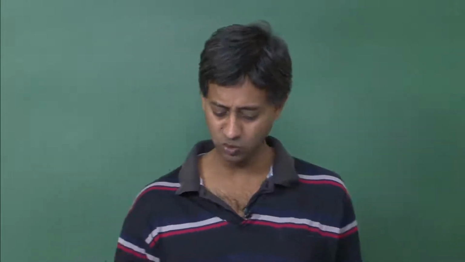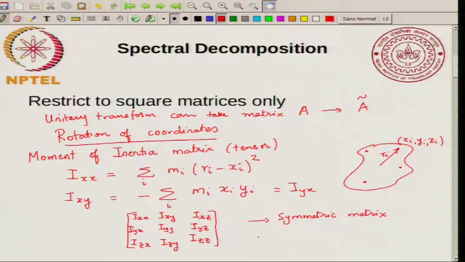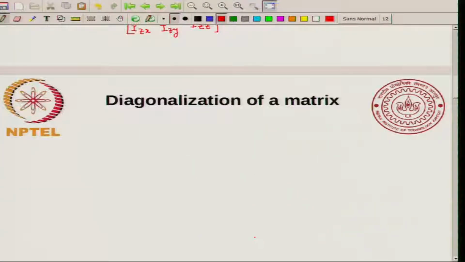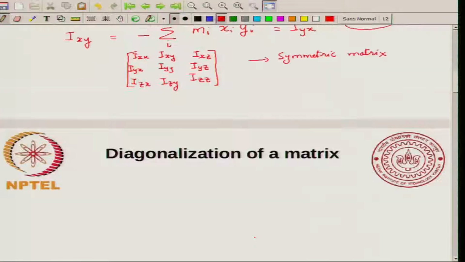So what is done is that you transform the coordinates until this matrix becomes diagonal. You go to some coordinates, and I tilde represents the moment of inertia in the transformed coordinates.